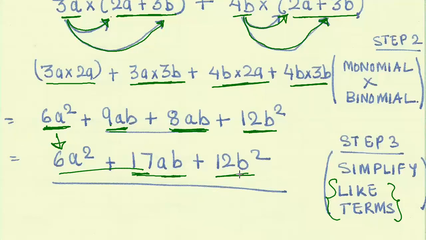To summarize, how do you multiply a binomial by a binomial? First, you use the distributive law of multiplication to get a simpler form, and then again you use the distributive law further to isolate the terms, until you break down the entire multiplication into monomial by monomial multiplications. Once you solve that, finally look out for like terms and simplify them, and that should give you your final answer.